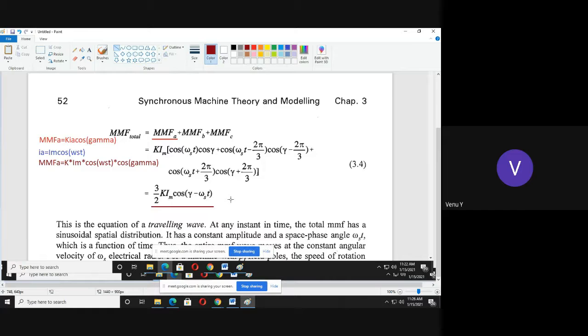And it is very important. This is the total MMF of the machine expressed in terms of Im and cos omega s t. So this is the equation of a traveling wave.